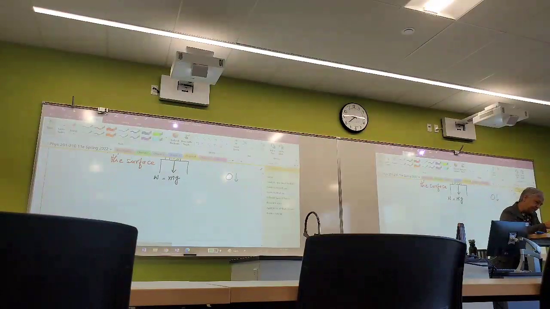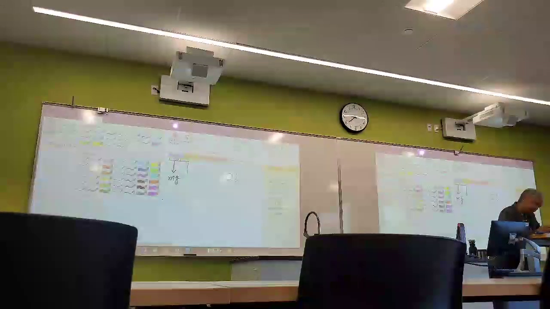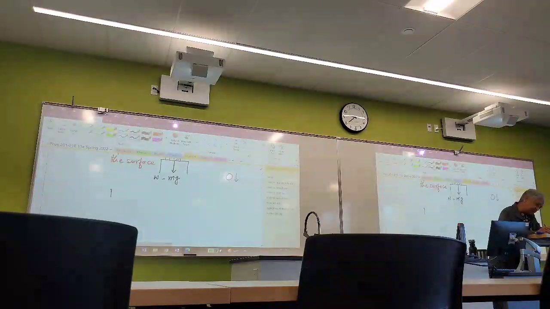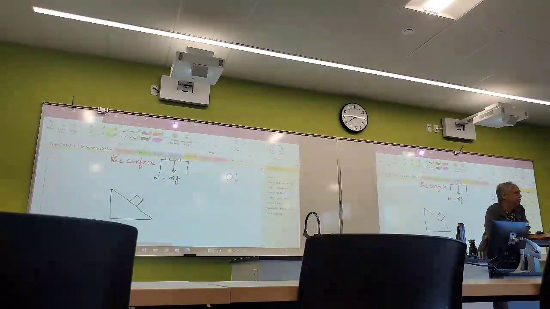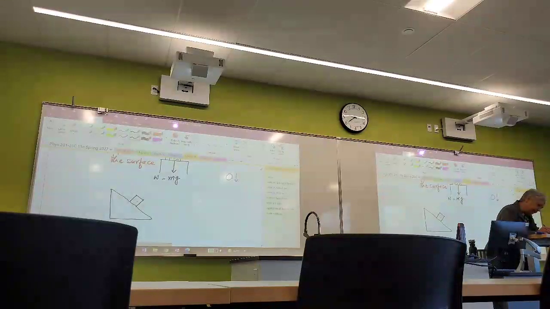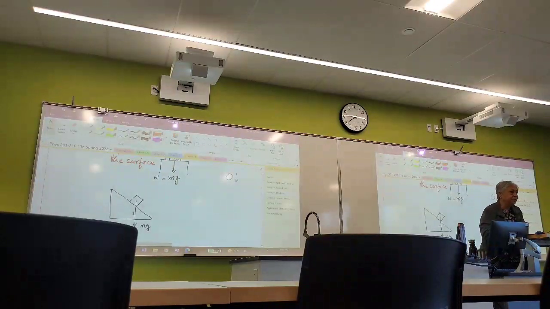Okay. Now let's consider this. If I have an object sitting on an inclined plane like this, how shall I draw mg? Vertically down. Because mg always has to be vertically down. Because it's the gravitational force, right?